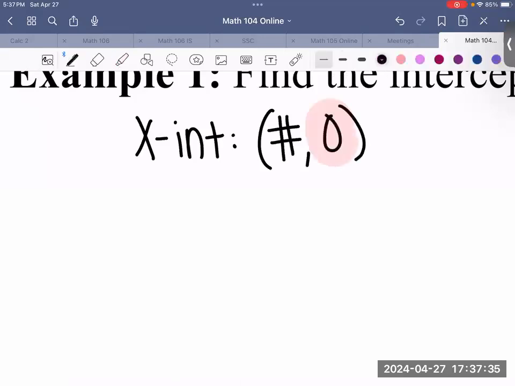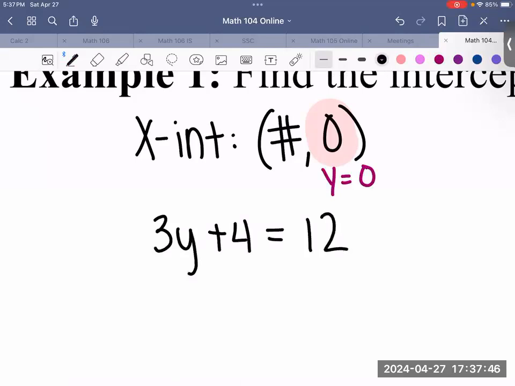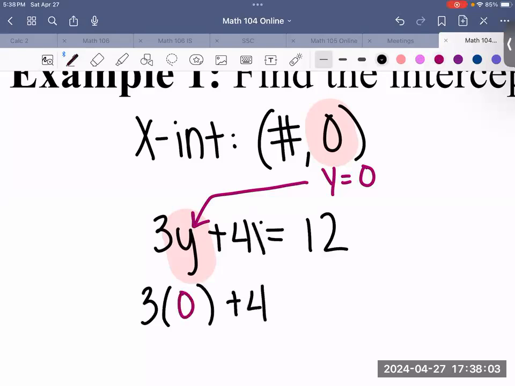So if we know that y is equal to 0 and we have your equation, 3y plus 4x is equal to 12, how is that helpful? Where is that connection? Well, if we know y is equal to 0 and we have a y here, we're just going to substitute that right in. 3 times 0 plus 4x is equal to 12.